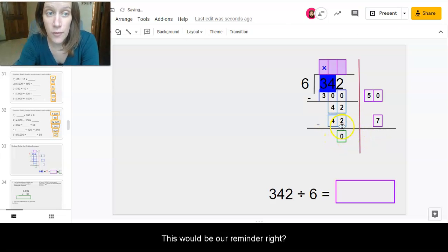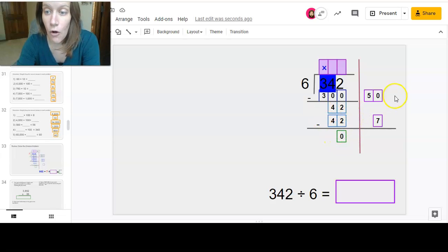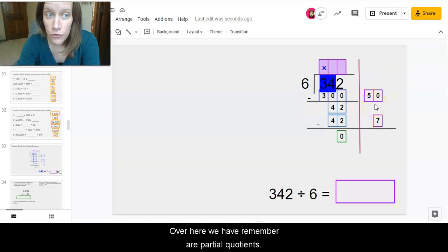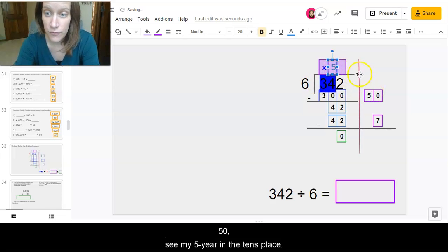This would be our remainder, right? What we have left that doesn't fit evenly into groups. So in this case, we don't have a remainder. They do fit evenly. Over here, we have, remember, our partial quotients. So if we take 342 and we break it into groups of 6, each group is going to have 50. See my 5 here in the tens place?